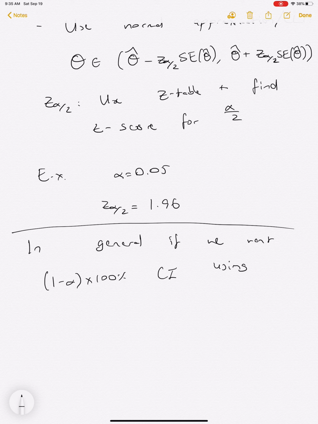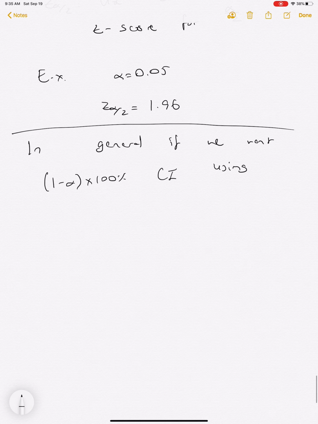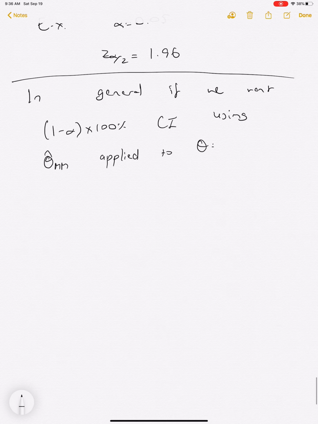Now if we want to use this to find confidence intervals for method of moments, for theta hat mm applied to theta, we just have the formula.